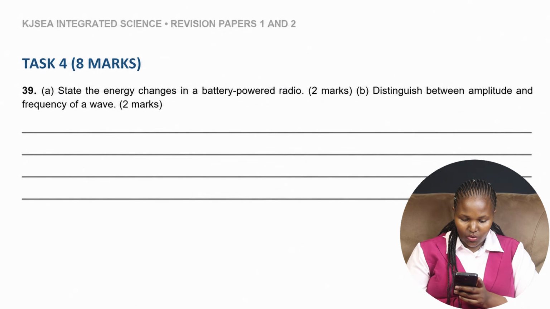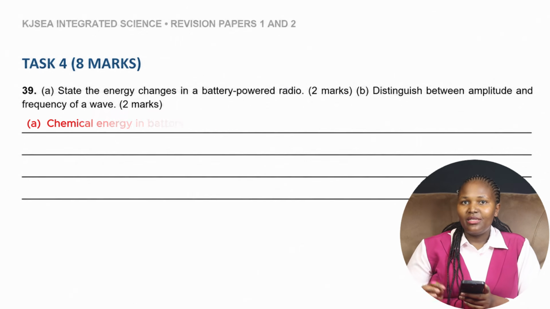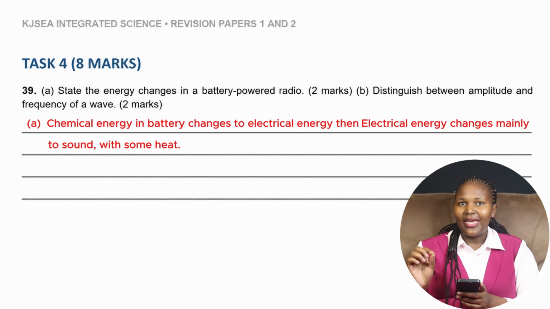For A, the energy change in a battery powered radio: first of all, chemical energy in the battery changes to electrical energy. And then electrical energy changes mainly to sound with some heat. And then amplitude is the maximum displacement from the rest position.